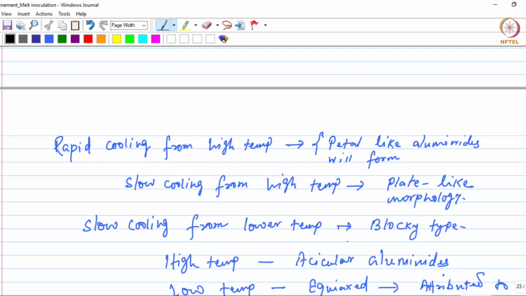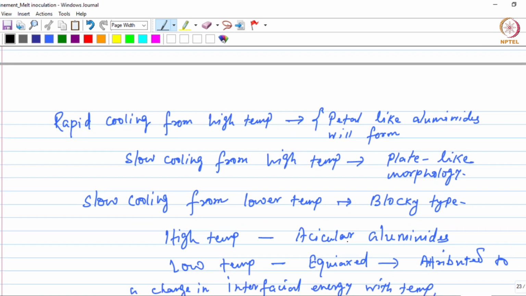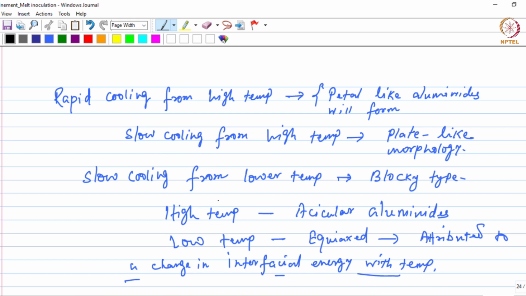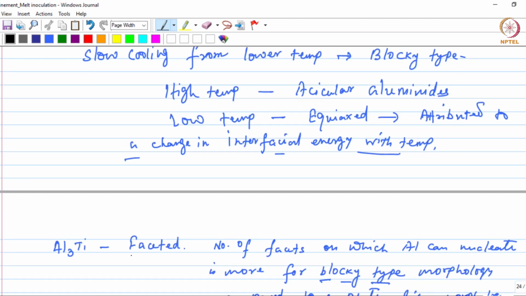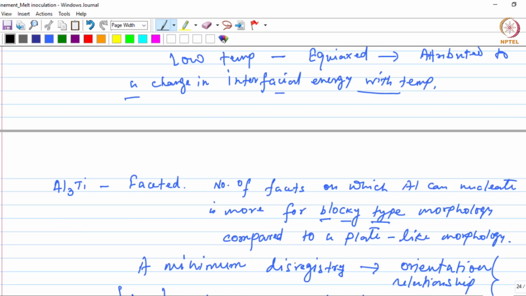Okay, so depending on the morphology of the particles, the grain refinement efficiency can vary, and we have seen that a morphology which can provide a number of facets, or a faceted kind of morphology, for these aluminide particles is good for better grain refinement or higher grain refinement efficiency.